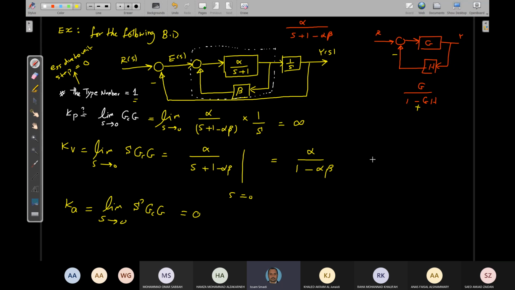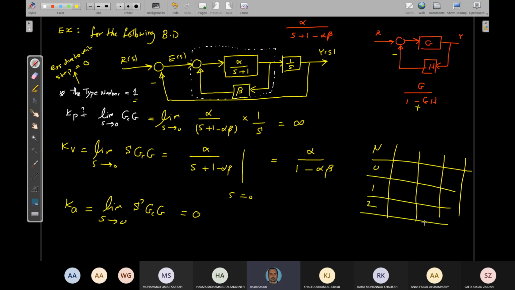When we plotted a table like this one, here n, and here we have the 0, the 1, the 2, the 3, the type number, here the input, which was the step, A over S, the ramp A over S squared, and here we have the parabolic or the acceleration input A over S cubed.